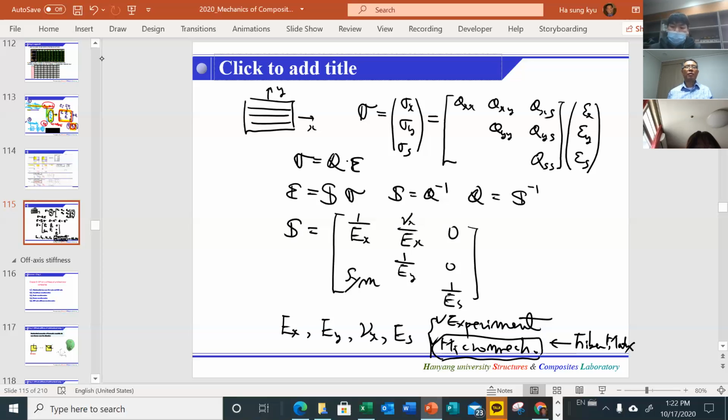Once we have the fiber and matrix properties, we can cover many different material properties for different fiber volume fractions and easily predict the material property for different temperature and so on. So it's extremely important to understand micromechanics.